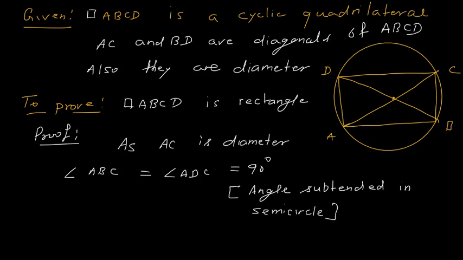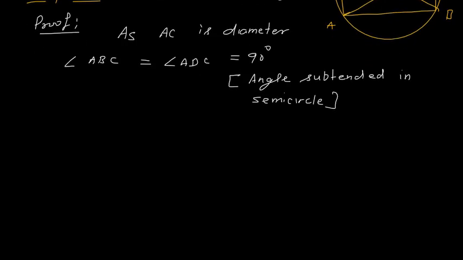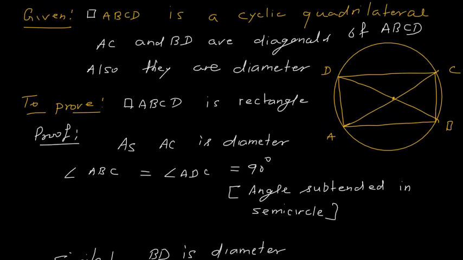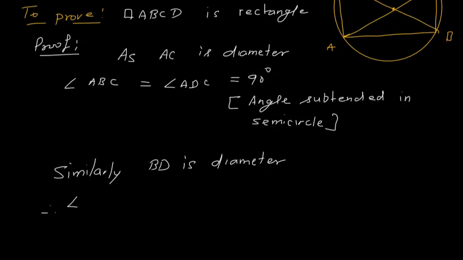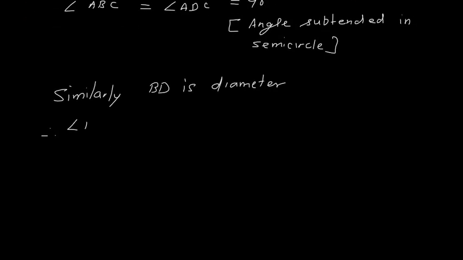Similarly, BD is diameter, therefore angle BCD is equal to angle BAD is equal to 90 degrees.